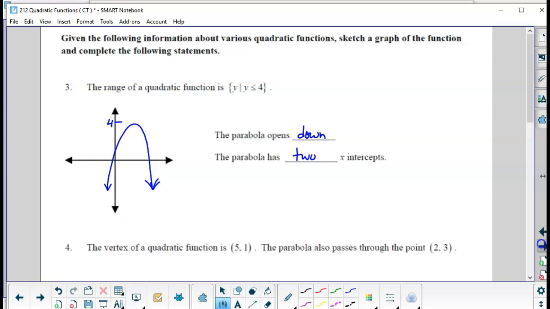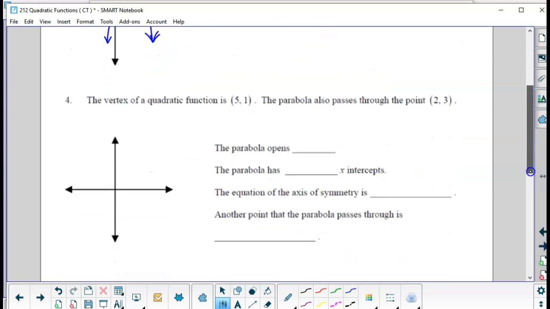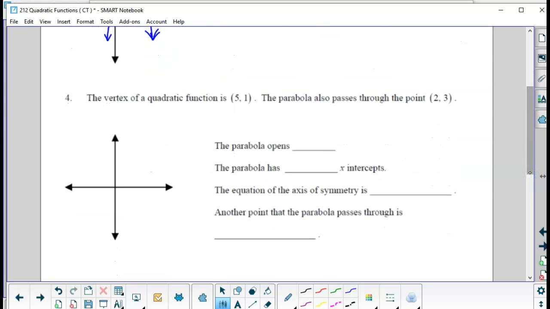Okay? If the vertex of a quadratic function is 5, 1, so 5, 1, about there, and it passes through 2, 3 up here, okay, and this is the vertex, then it has to be opening up.